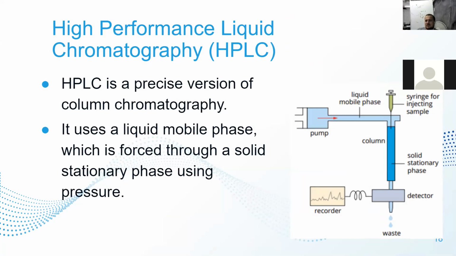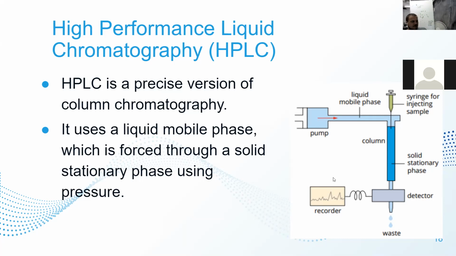So we still have the mobile phase. We still have the solid phase, which is just a porous gel. But we're doing it under pressure. So now we don't want them to be trapped on the column. We want them to separate and come through the column based on their physical properties.